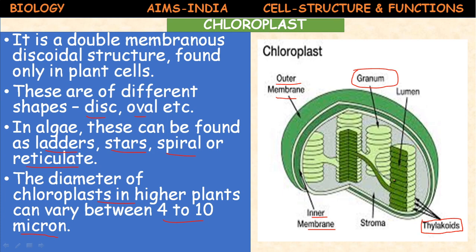This grana region contains chlorophyll, the green color pigment, where the light reaction of photosynthesis takes place. It also contains a space called lumen, and inside the chloroplast the matrix is present. The matrix of chloroplast is called stroma, where many enzymes are present. The dark reaction or carbon fixation reaction takes place in the stroma region.